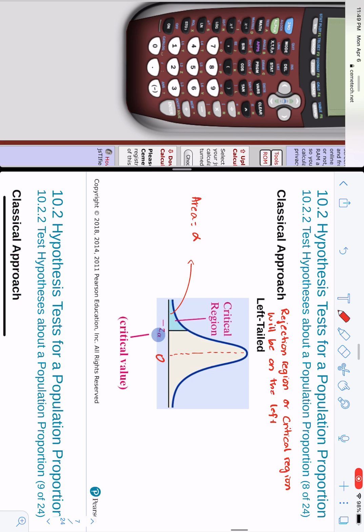So if we set alpha equals 5%, all of 5% would be right here, which would imply 95% will be on the other side.